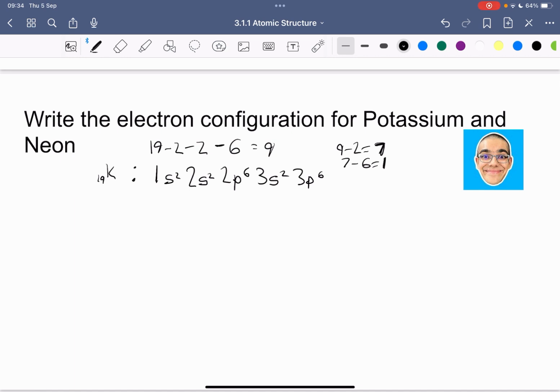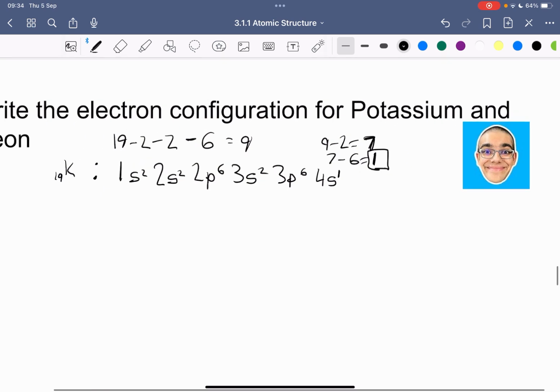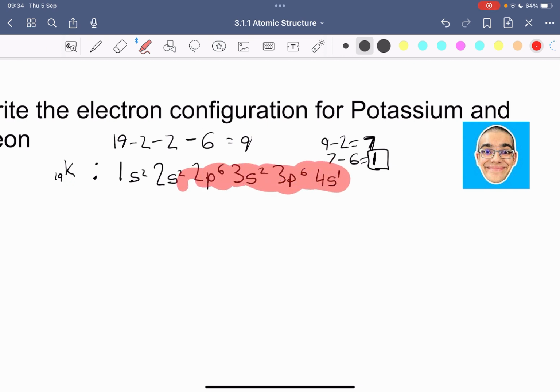And then the next energy level is 4s. I've only got 1 electron, right? So 4s can hold up to 2 electrons, but since I've only got 1 electron left, I'm only going to fill up 1. So this is our electron configuration for potassium.